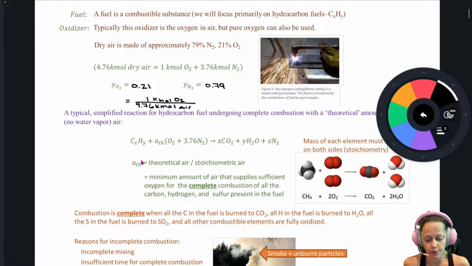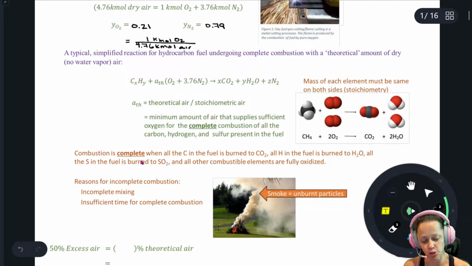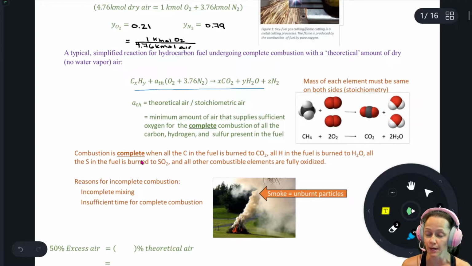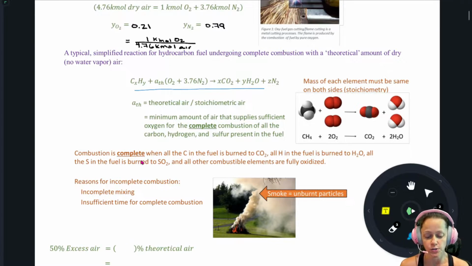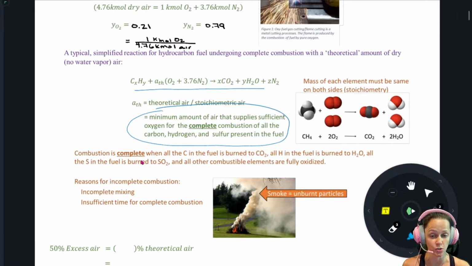So why do we choose that 4.76 number on the very bottom? Well, this comes from this very general simplified reaction for a hydrocarbon fuel undergoing complete combustion with a theoretical amount of dry air. The theoretical amount is the minimum amount of air that's required for complete combustion, the stoichiometric amount of air.